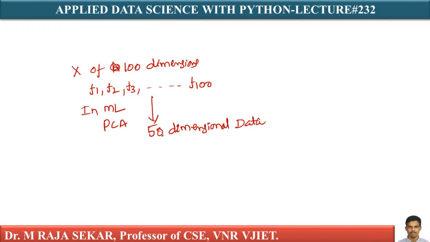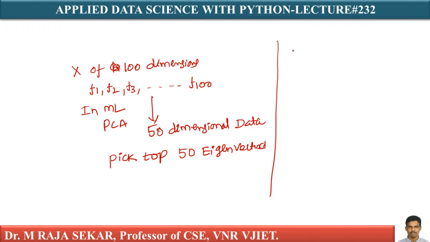In that case, what do I do here? I basically pick the top 50 eigenvectors. Since the dimensionality is 100, when I compute capital X, what is the procedure?